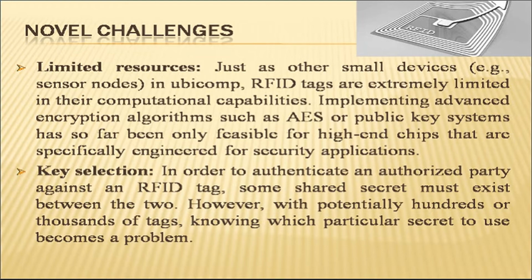So choosing a key becomes a problem here because hundreds of items are carrying RFID tags. If I were carrying an RFID tag only for my passport, then this usage would be applicable, but with hundreds of tags, key selection becomes a problem.